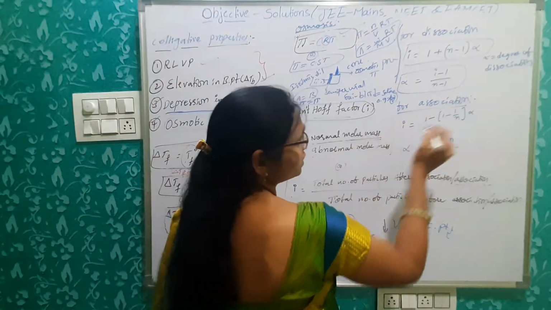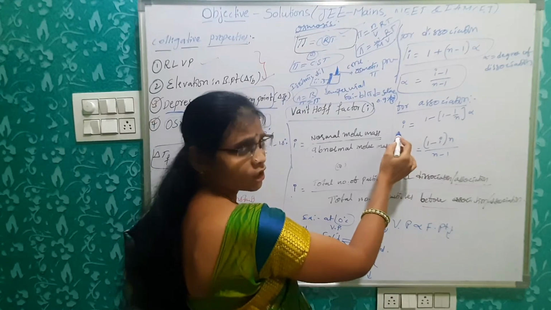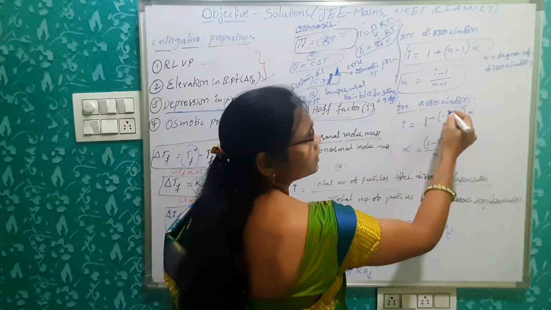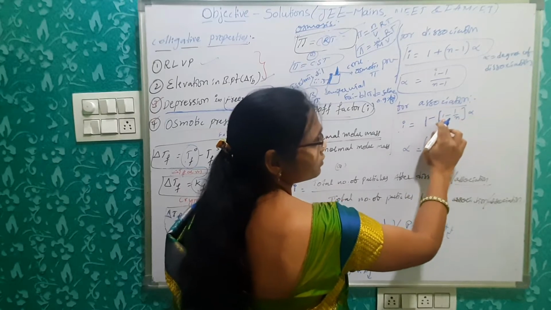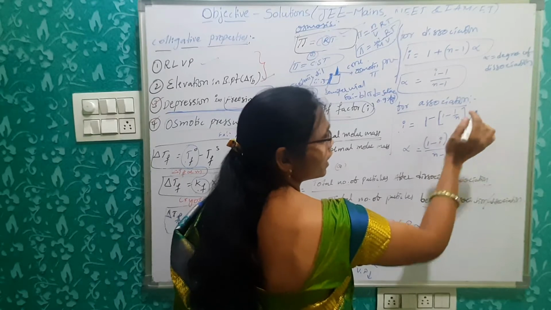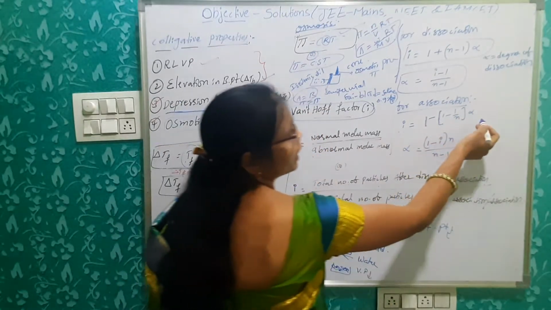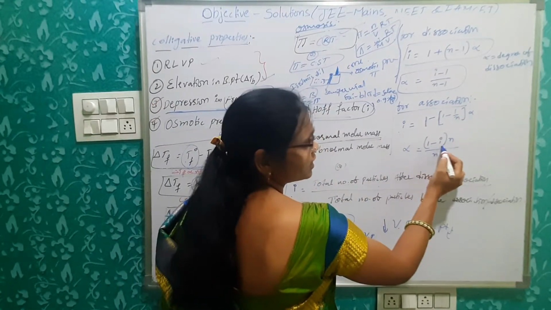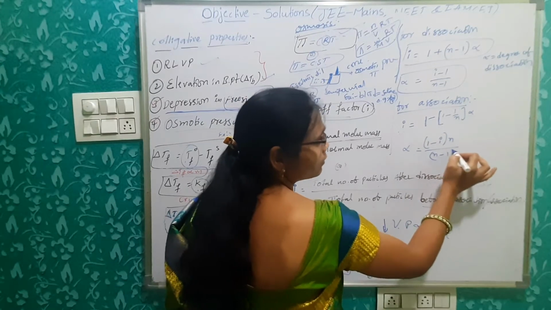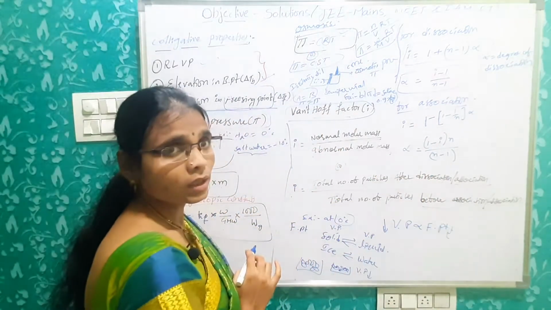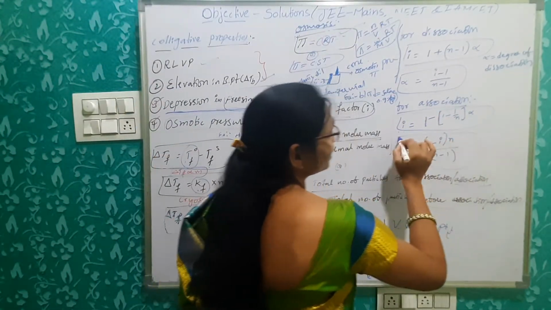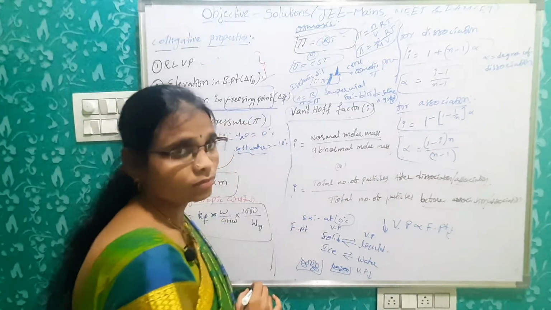For association, the i factor is equal to 1 minus (1 minus 1 by n) into alpha, or alpha is equal to (1 minus i) into n by (n minus 1). So you have to remember these formulas for calculating alpha or the i factor.